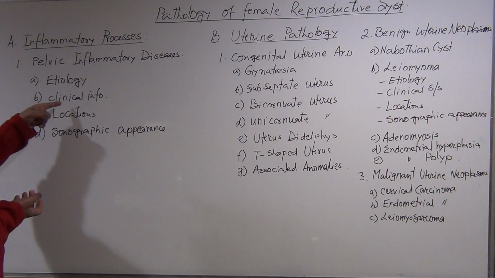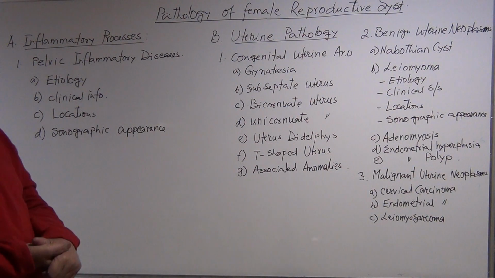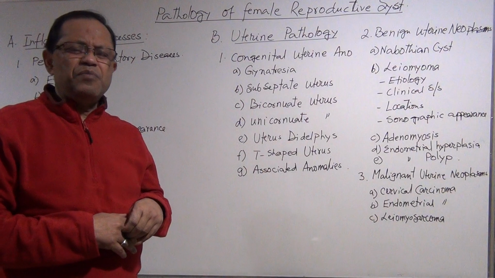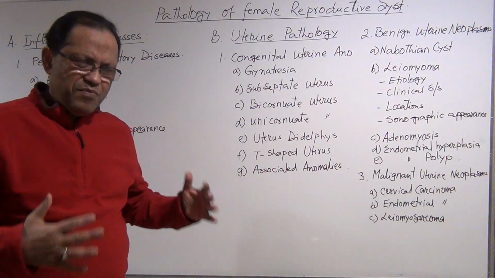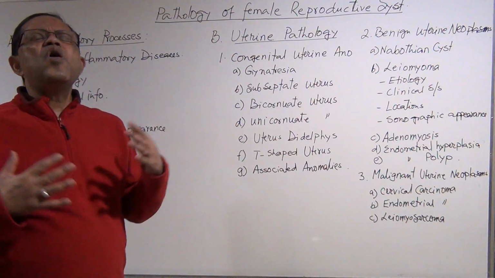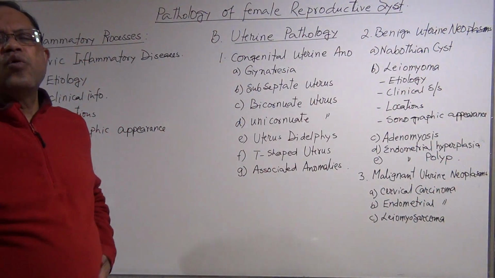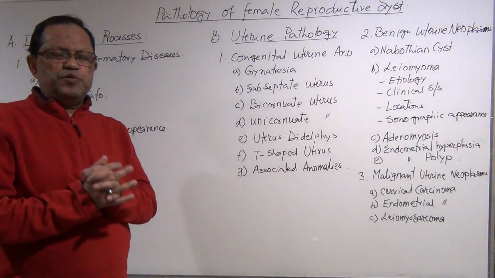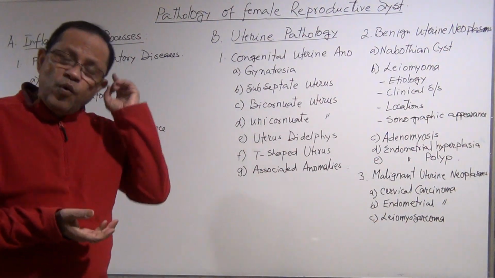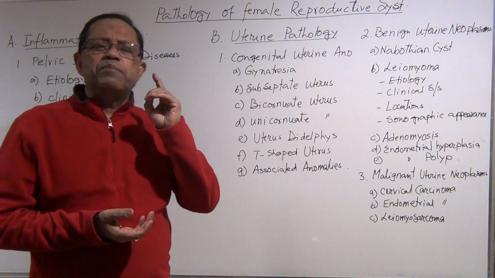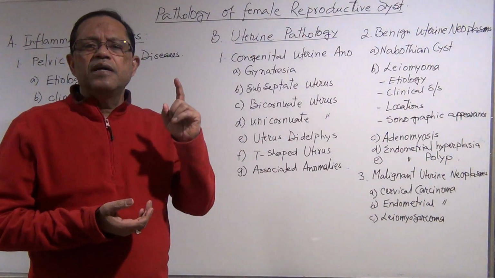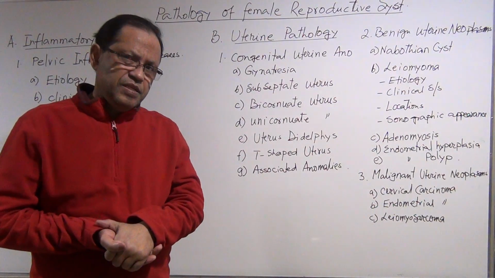And what would be the clinical information? The patient will come to the doctor with symptoms of what? A non-specific pain in the lower abdomen. Non-specific pain. With infertility. With heavy period or bleeding during menstruation.